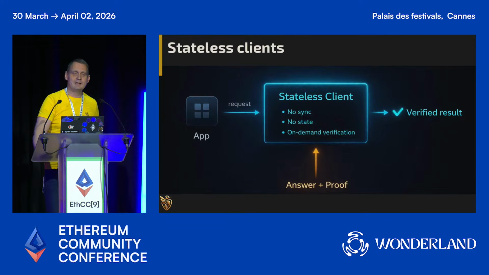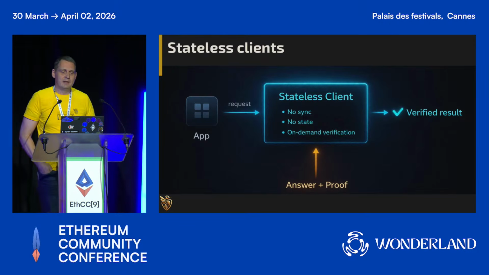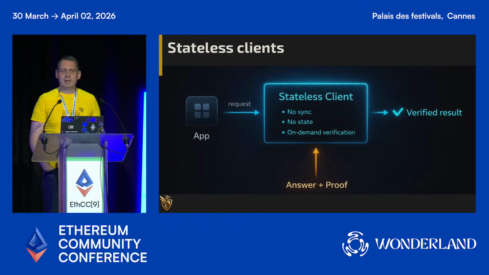A stateless client does not store blockchain state. It does not synchronize with the network. It does not track the chain over time. Instead, it verifies on demand. When the application asks a question, the stateless client receives the answer and proofs, and then it verifies the proofs locally.